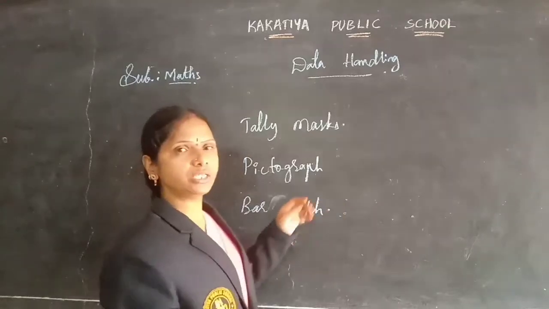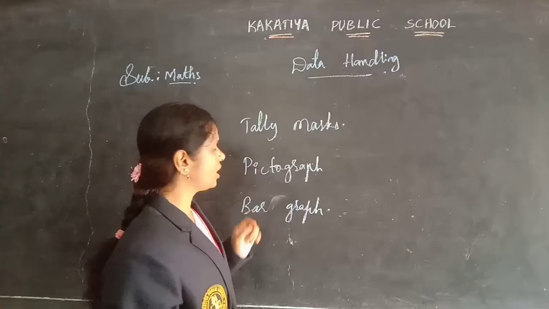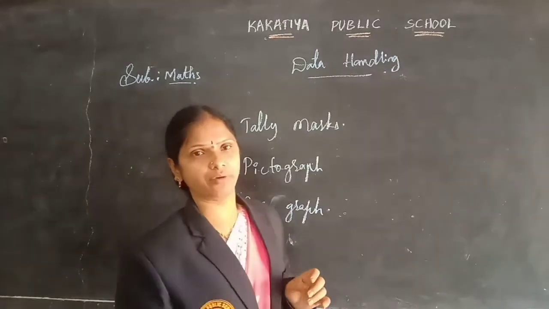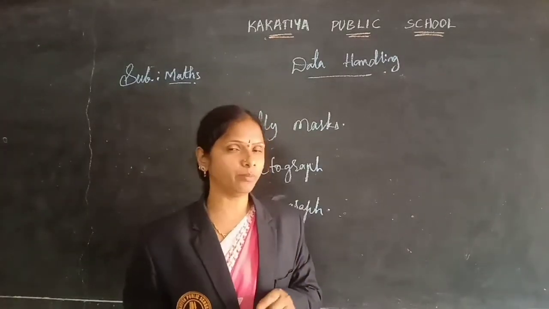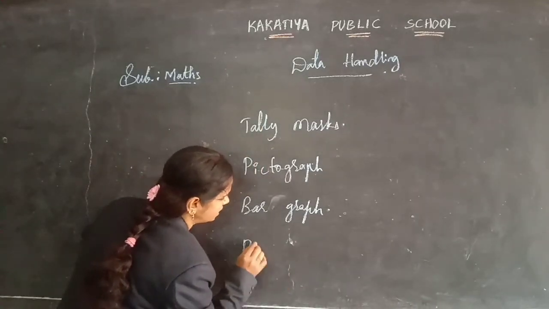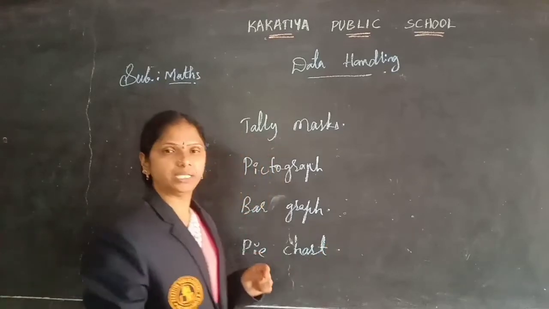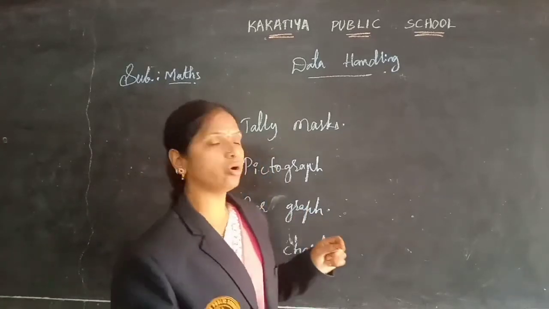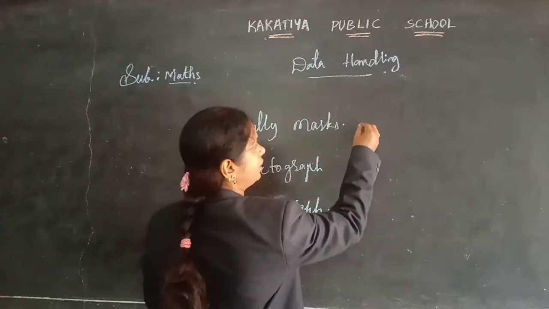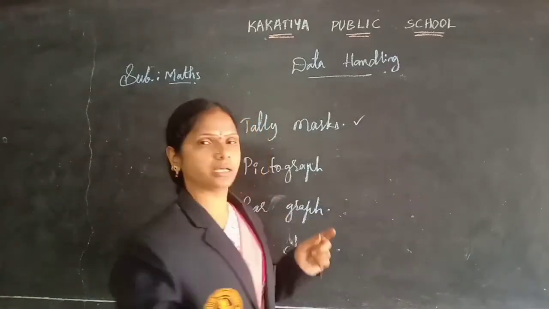These are the ways to represent the data. And you have one more way also, that is pie chart. Now today we are going to learn about data representation in the way of tally marks.